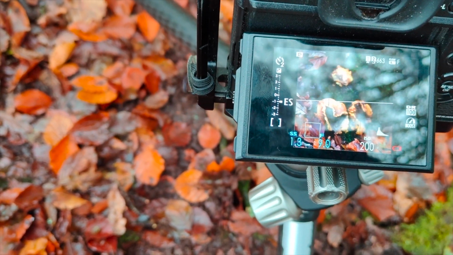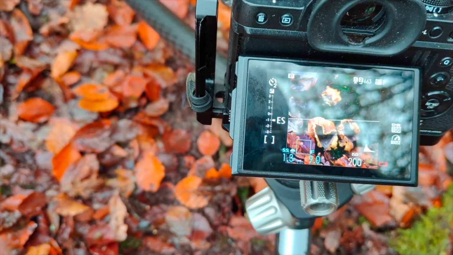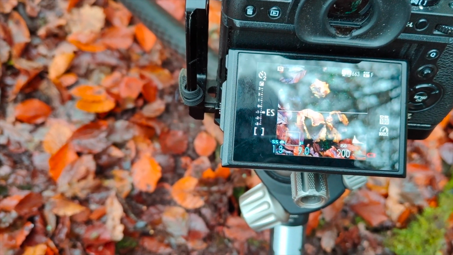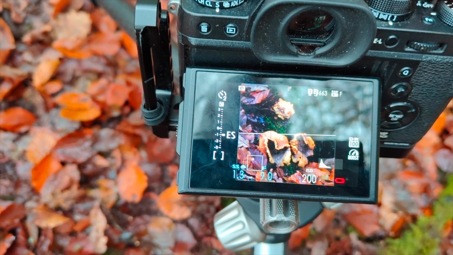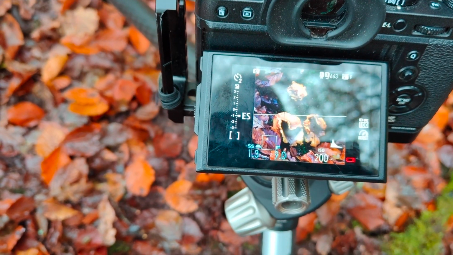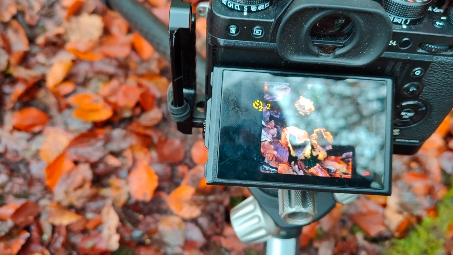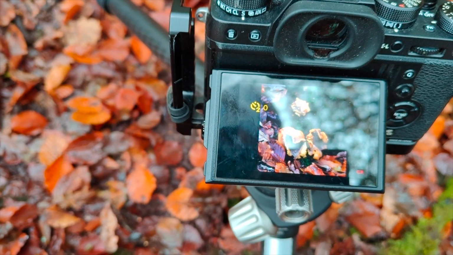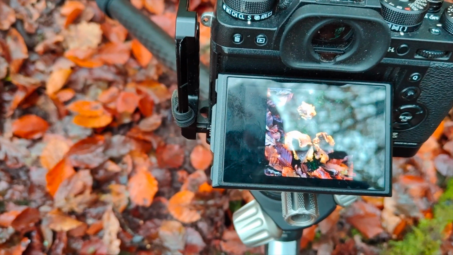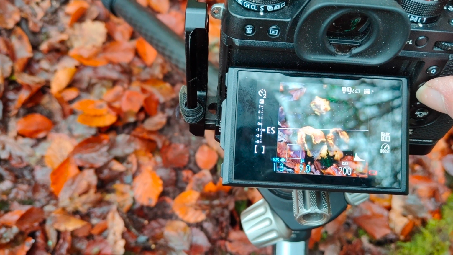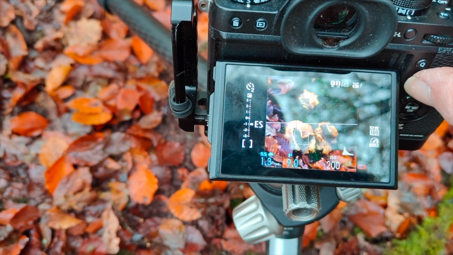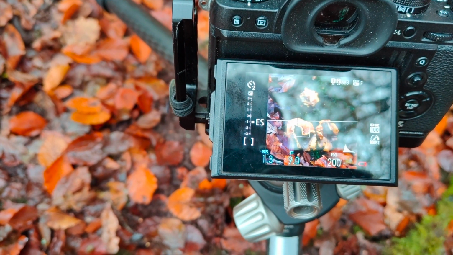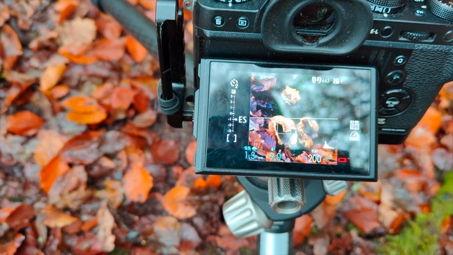So focusing on the leaf in front of the fungus, I'm going to go to the middle of the image and then the back, and then I think I'll have to change batteries. So self timer on, first image, move the focus point somewhere further back, there.